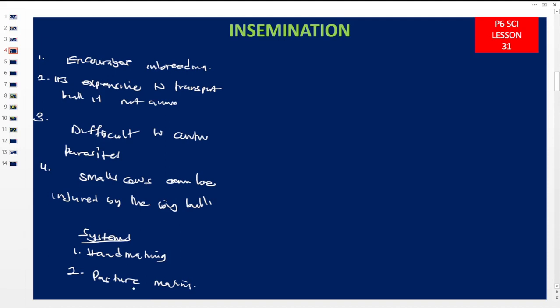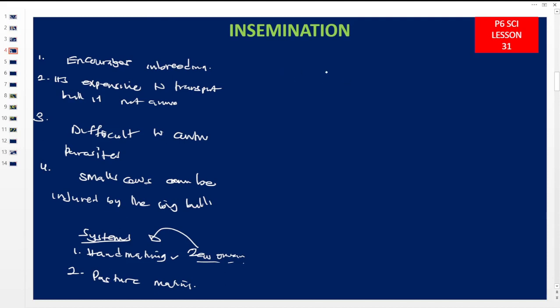But with hand mating, especially farmers who are carrying out zero grazing, they are the ones to identify that my animal is on heat. Then they take this animal to the bull. You tie it there, you stand, they mate it, then you take it back. So those are the two systems of natural insemination, where a bull deposits sperms into the vagina of this animal.